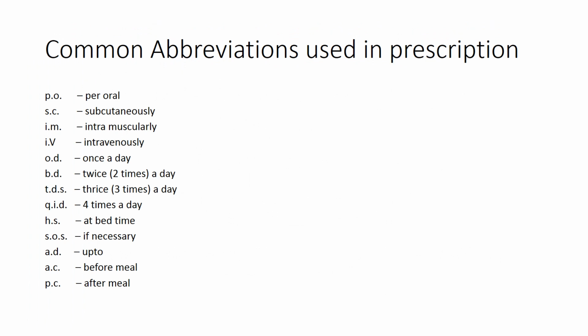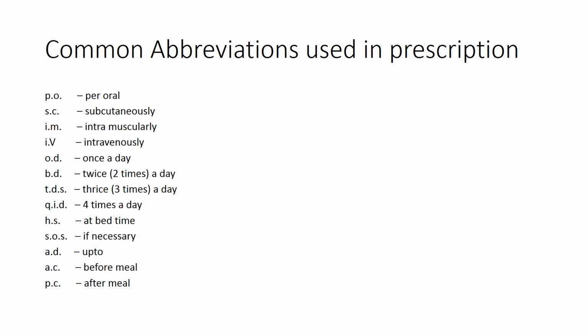Common abbreviations used in prescription are PO, which means per oral, SC, meaning subcutaneously, IM, meaning intramuscularly, IV, which means intravenously. Then OD means once a day, which is actually once in 24 hours. BD means twice a day or 2 times a day, also meaning after every 12 hours.